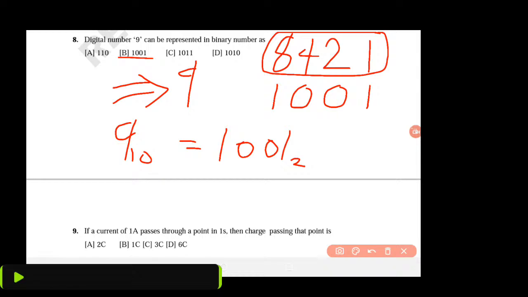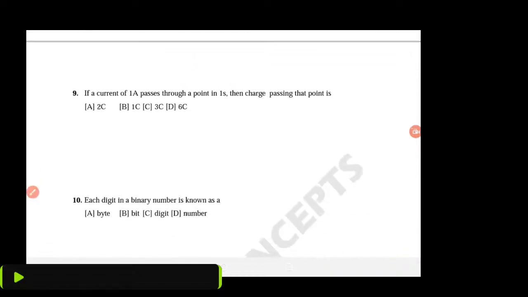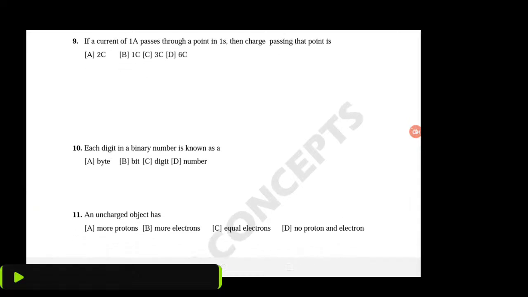Okay, now question number 9. The question says if a current of 1 ampere passes through a point in 1 second, then the charge passing that point is dash. Remember, charge, current, and time have a relationship. Current is defined as the time rate of moving a charge, or the rate at which charge moves from one point to another.